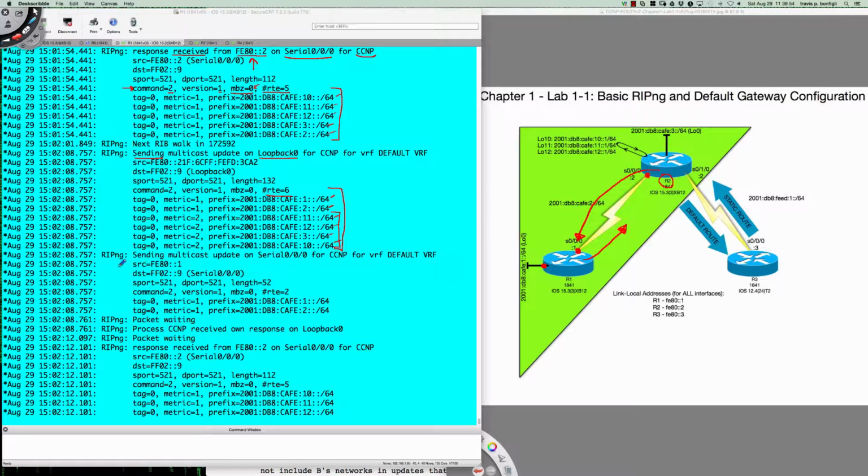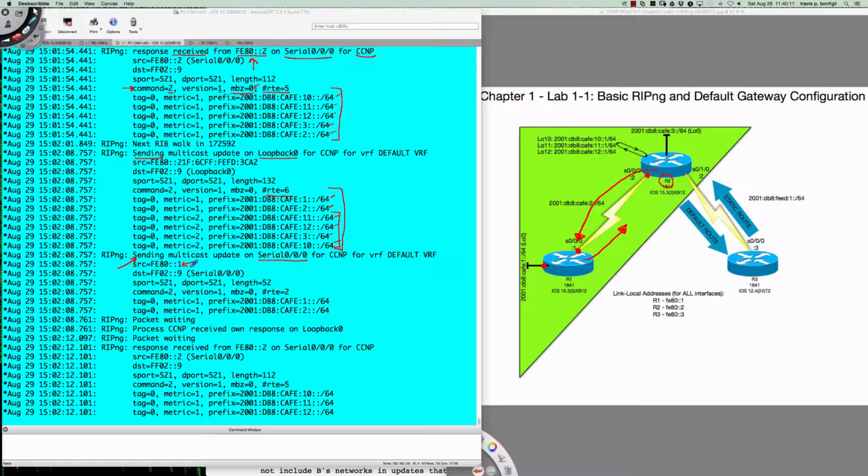And we see that right here. And this is what I love about the debug output. So look at my update that goes out serial 0/0/0, sourced from my link local address. And if I said loopback before, I apologize.